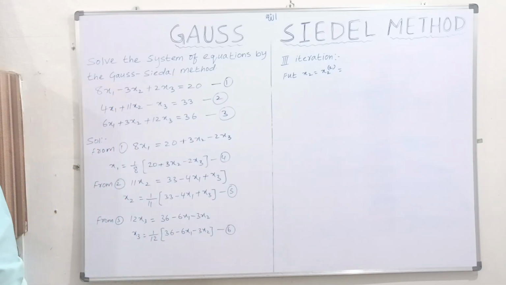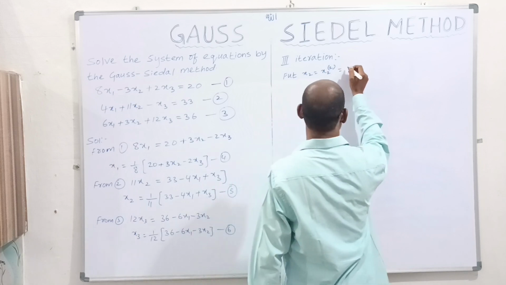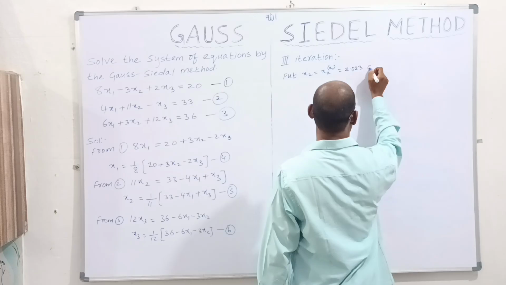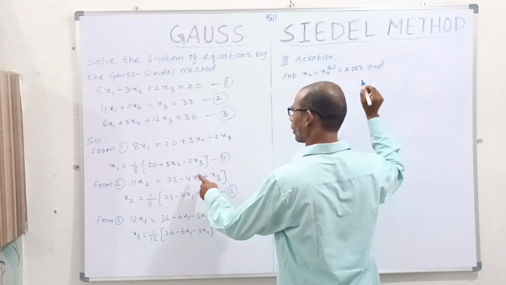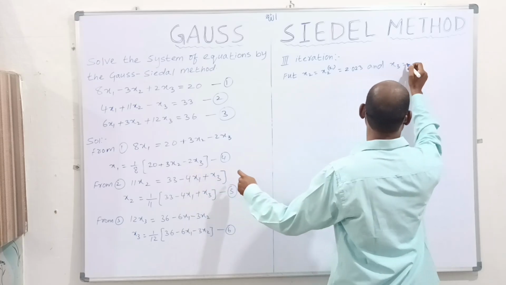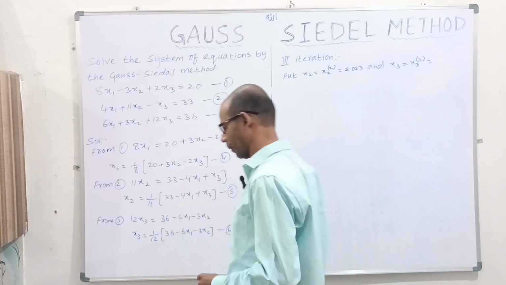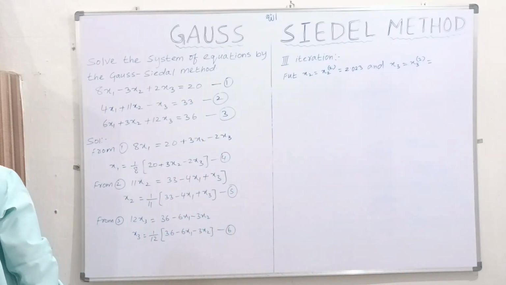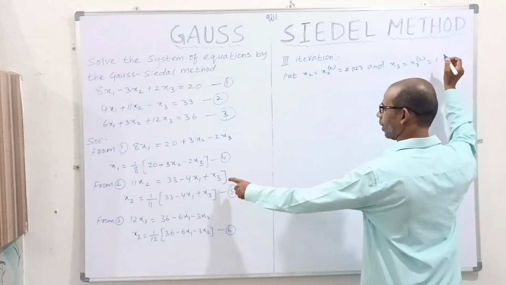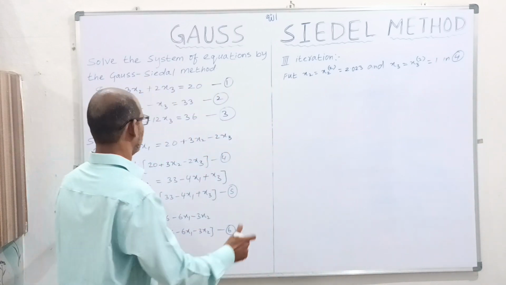So x2 from the second iteration is 2.023 and x3 from the second iteration is 1, in equation 4.